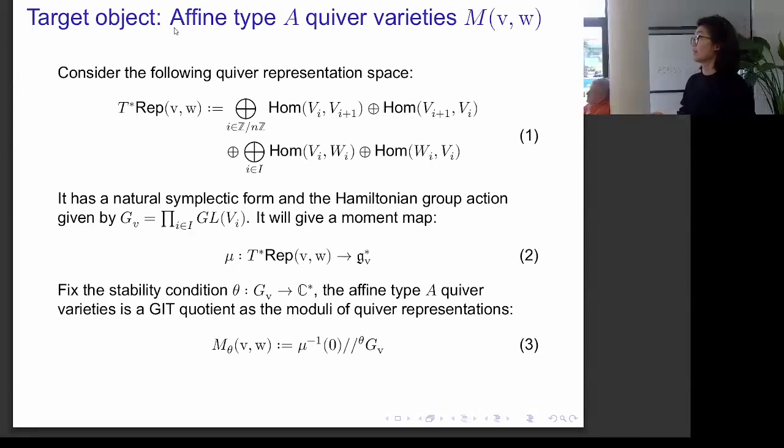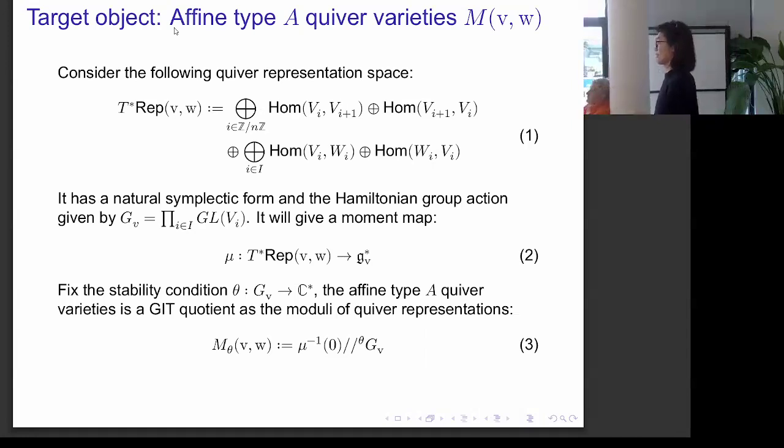For this type of quiver representation space, this is a linear space, and actually a symplectic vector space with a natural symplectic form, because you can think about the second term in the direct sum to be the dual of the first term. This space has a natural group action given by the automorphisms of the gauge nodes, Vi, and the framing nodes, Wi.